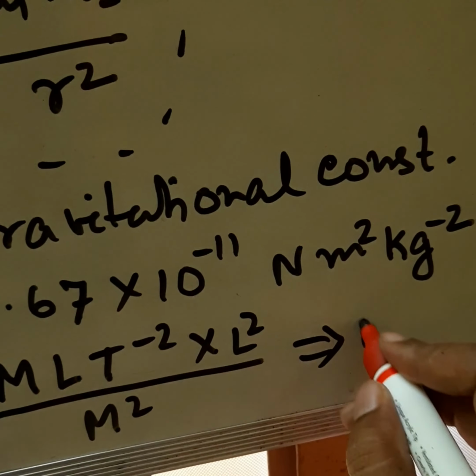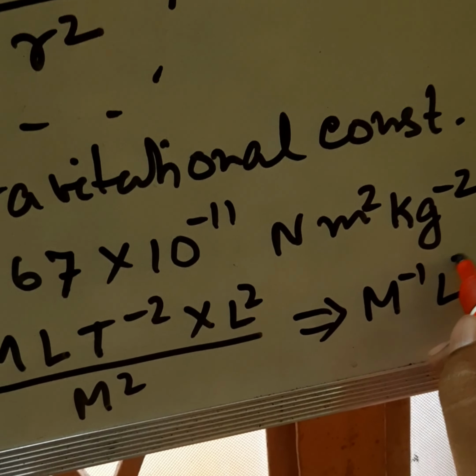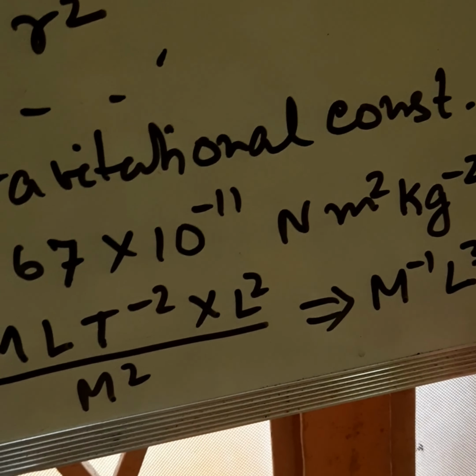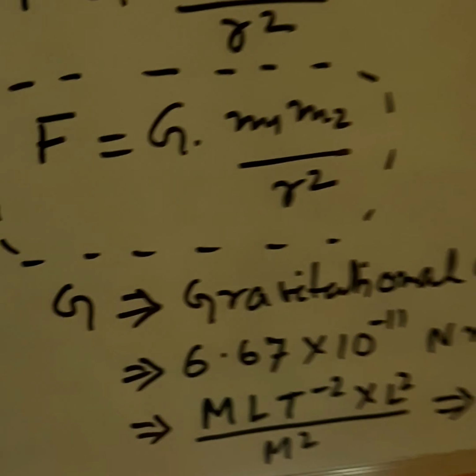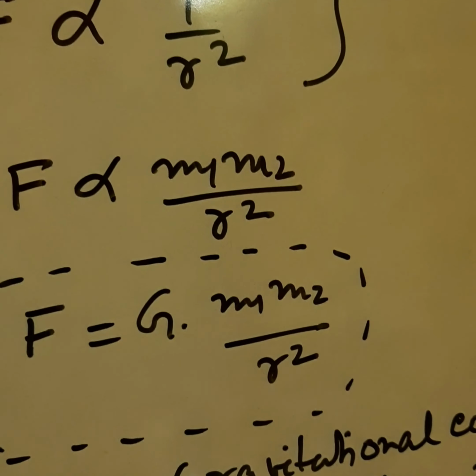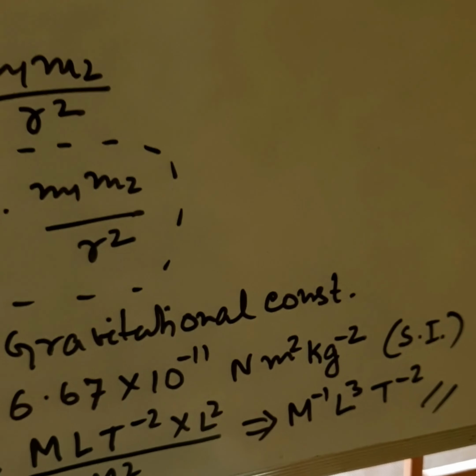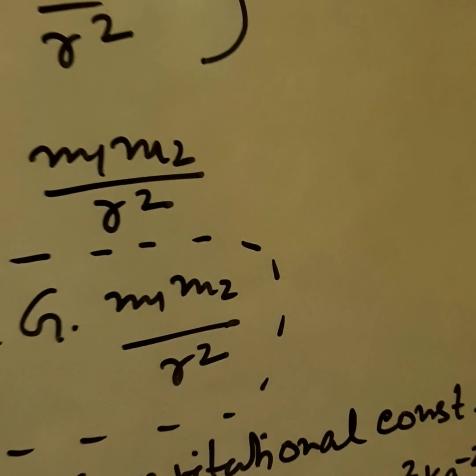So this becomes M to the power minus 1 L cube T to the power minus 2. That is the dimension of the gravitational constant. Gravitational constant is numerically equal to the force acting between two bodies of unit mass separated by unit distance.